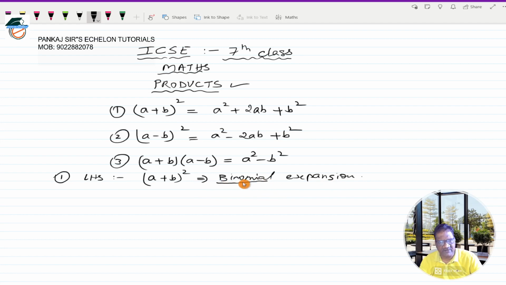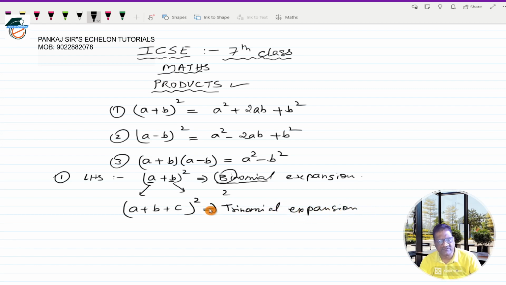Binomial stands for bi means 2, so you'll find that there are two terms in this expression. First term is a and the second term is b, and because of these two terms it is known as binomial. If it was a plus b plus c the whole square, I would not have called it binomial, I would have called it a trinomial expansion.